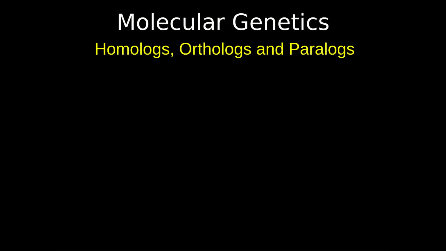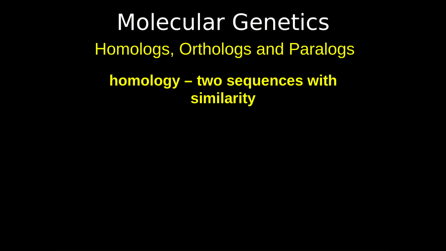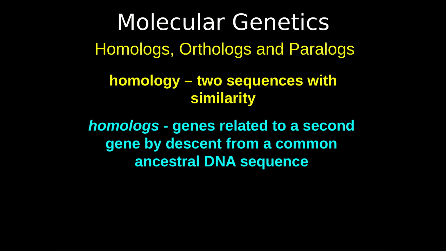So in molecular genetics, you have homologs, orthologs, and paralogs. Now, we did a worksheet on homology. Now, homology, it's two sequences with similarity. Homologs usually represent genes that are related to a second gene by descent. So the idea here is homology is looking at two sequences with the assumption that, hey, they are descendant from a common ancestor.